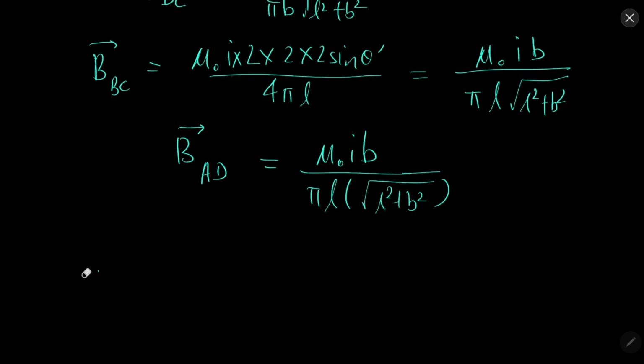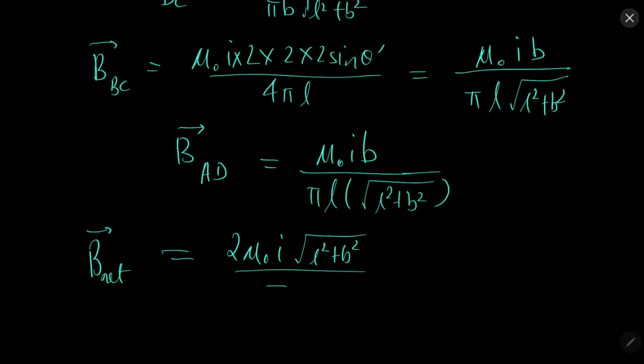So the net field, when we add all of them, is 2 mu naught I root L square plus b square over pi L b.